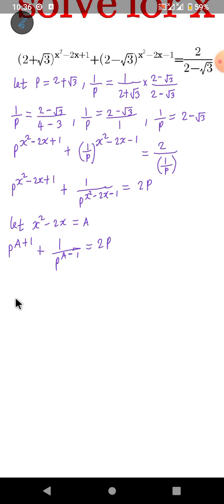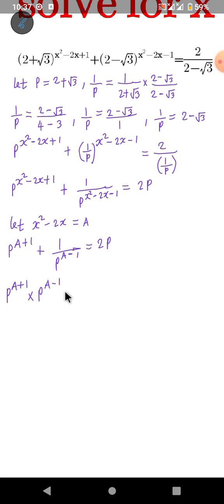2P. My next step will be to multiply each component of this equation by P raised to the power of a minus 1. So I'll say P raised to the power of a plus 1 multiplied by P raised to the power of a minus 1. We know that P raised to the power of a minus 1 is the LCM here.